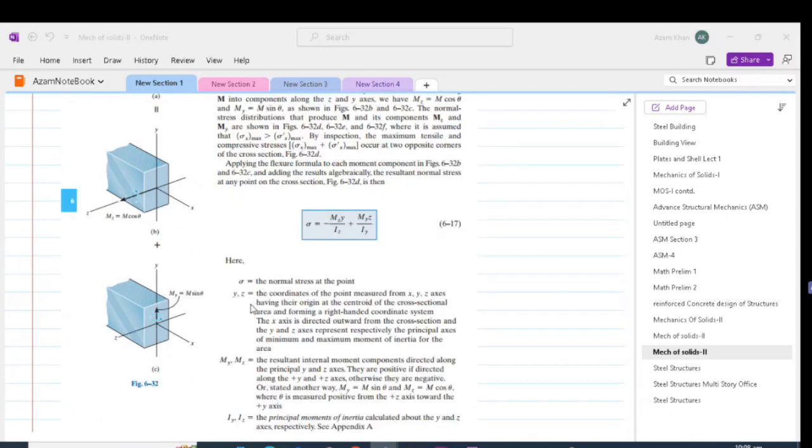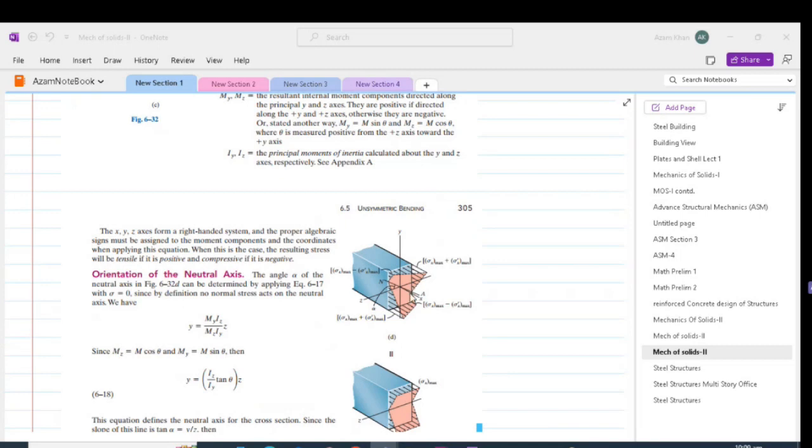Y and z are the coordinates of the point that is measured from the x, y, and z axes, which have origin at the centroid of the cross-sectional area. Iy and Iz are the principal moments of inertia calculated about y and z axes.